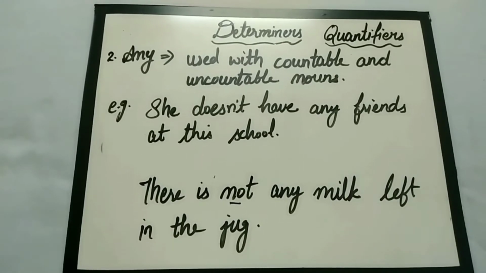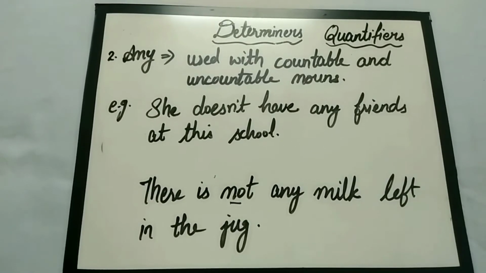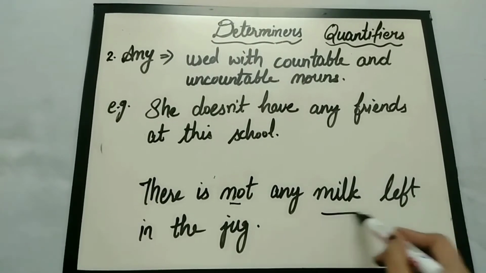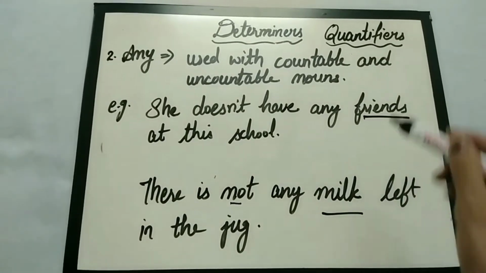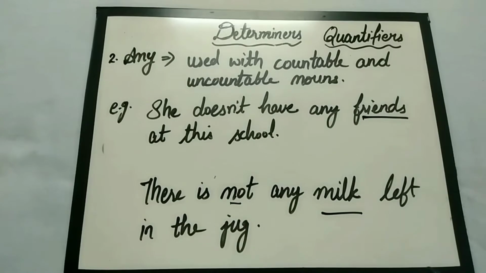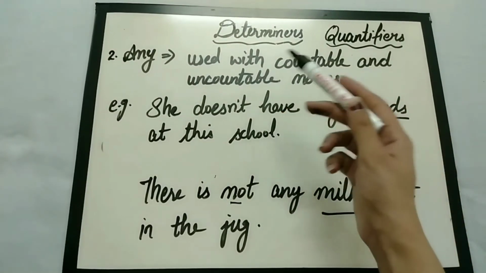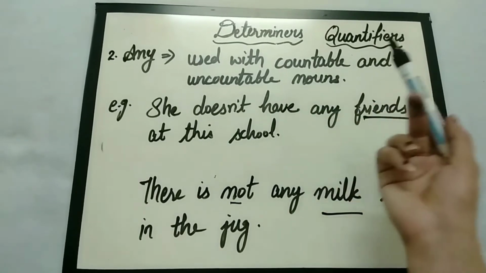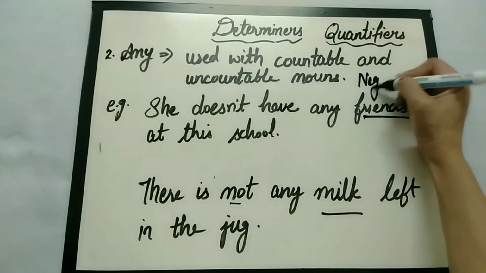Again, it's a negative statement, right? There is no milk, but the word milk is uncountable, while the word friends is a countable noun. So it is clear the word any is used with countable and uncountable nouns, but in negative sentences.